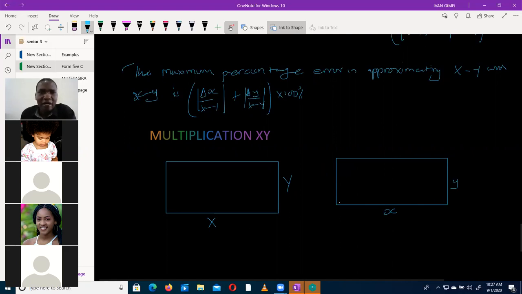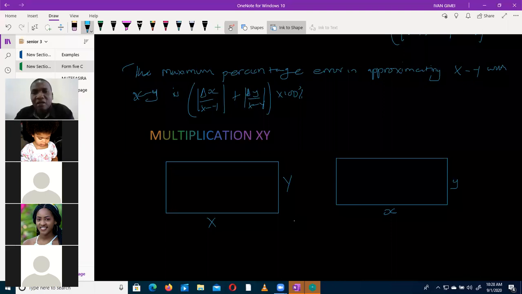What error will you make in the area of this rectangle due to these approximations? Of course, we looked at error bound in multiplication, where you find the maximum value, get the minimum value, subtract and divide by 2, or get the maximum value and subtract the working value from it to get the error.